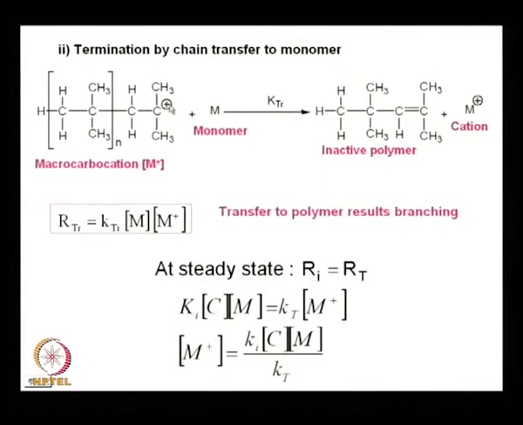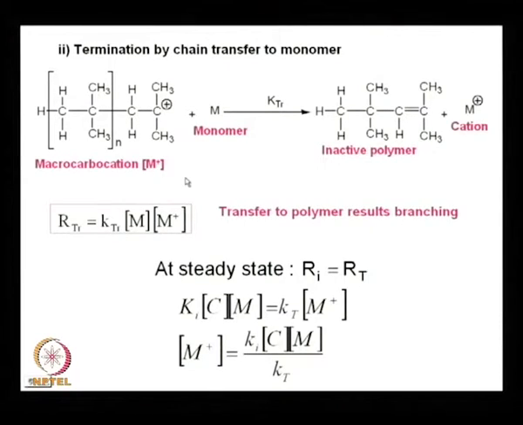Now, transfer to polymer results in branching. With transfer to monomer, there is no chance of branching. If transfer to polymer occurs, what will happen? Here at the terminal point this cationic center is transferred to a monomer, but if it interacts with a dead polymer molecule, the cationic center is transferred to the midpoint or any point of the polymer backbone chain.